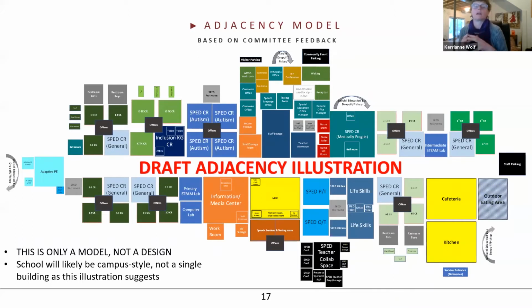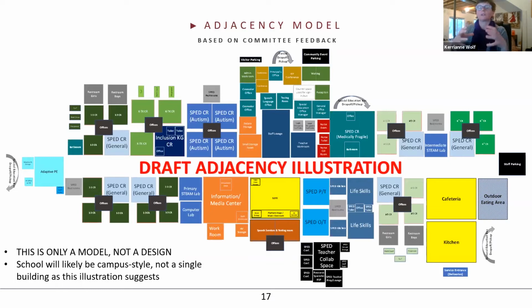Now, keep in mind, this is not a design. Keep in mind that a picture is worth 1,000 words. So one of the things that we'll do in the final document, and this is not the final illustration, it needs several edits based on the things that you've just told me as we've gone through the compilation space, and then other things that will come up in the course of our conversation.